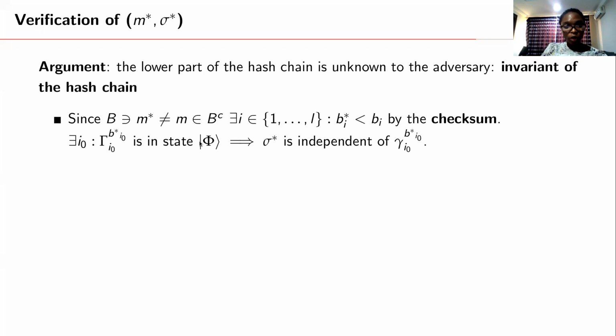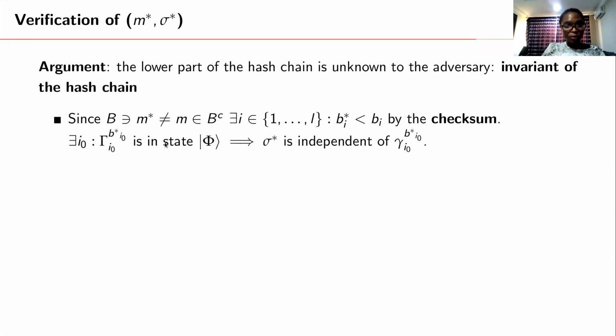So for that particular position, the relevant hash chain element is still in uniform superposition. It has not been used to sign this message. Since it's in uniform superposition, it means that this first signature is independent of that hash chain element. So that's our intuition.